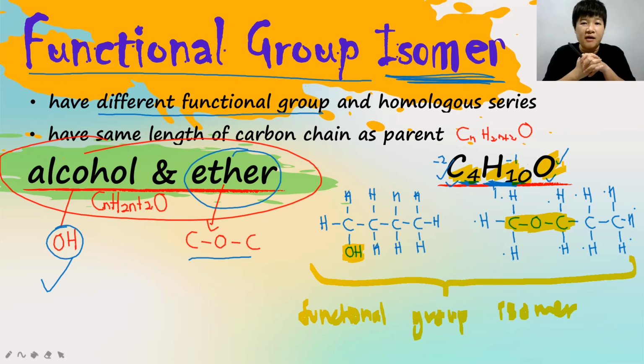And as I promised, the same length of carbon chain. The parent chain of carbon remains the same: you have 4 carbon over here, and 4 carbon as well over here. Bear that in mind, we only change one thing at a time.